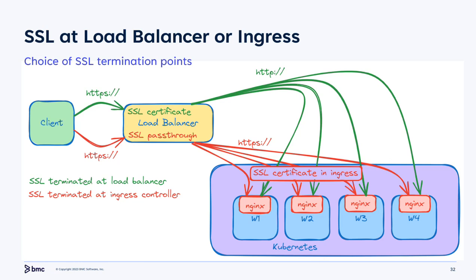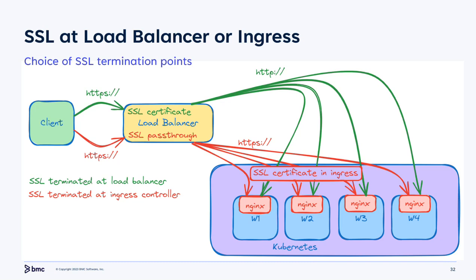So in green at the top, you have the example where the load balancer is handling SSL for you. Some customers prefer to do this for performance reasons. The load balancer, maybe if it's something like an F5, has dedicated hardware that can be used to process SSL and do the encryption, which means it may perform better than if you let the Ingress controllers do it, and it takes the load off your cluster.